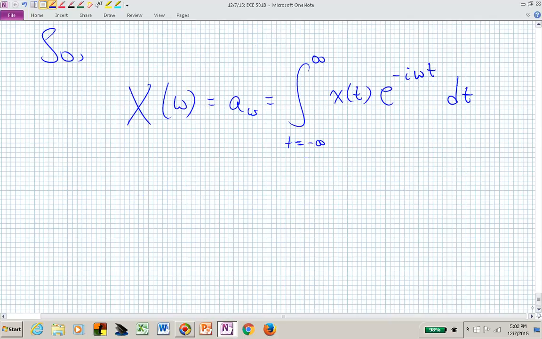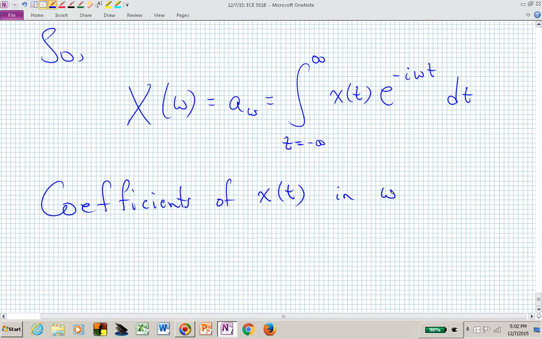So that the coefficients, what happened to my t? That looks like a plus sign. So that's now t. The coefficients of x of t in the omega basis, where the coefficients are really the weightings of x of t.